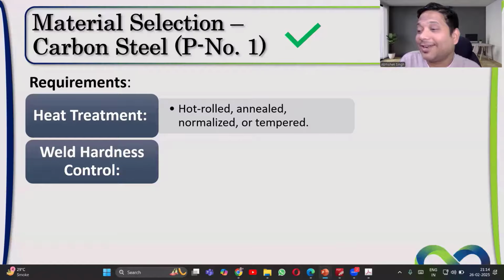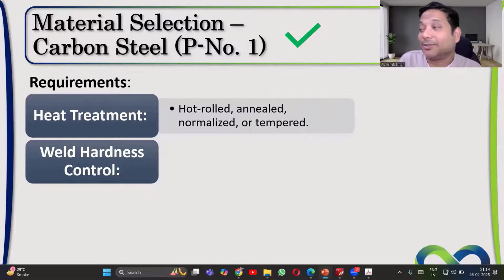How can we control weld hardness? Developing a welding procedure by which you get very little hardness is very, very difficult, but that can be achieved. Like Farhan is saying, don't do sudden cooling, maintain preheat and post-heat. But that will be a very elaborate welding procedure.